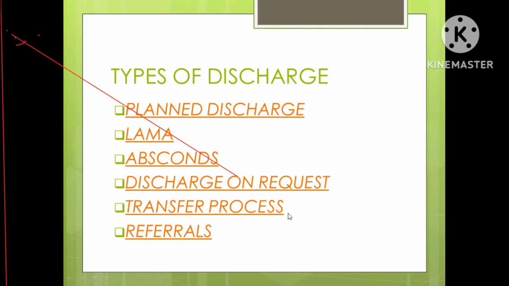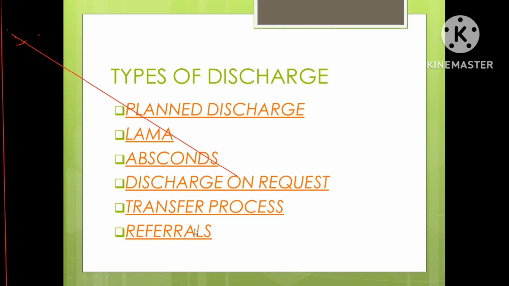For example, if a patient is admitted in a general ward and he is diagnosed as having cancer, we will shift or transfer the patient to the oncology special ward or cancer specialized ward. That also comes under discharge.